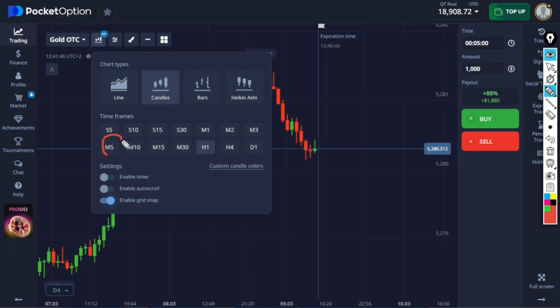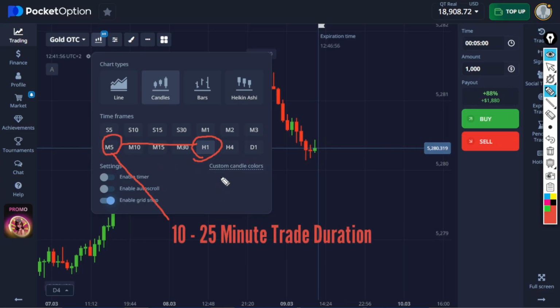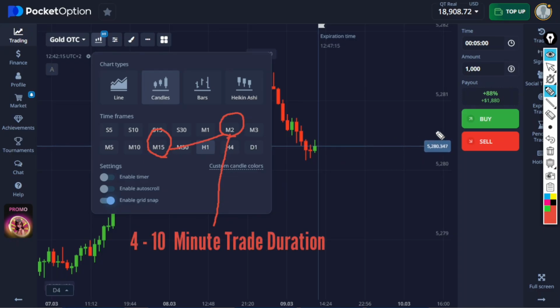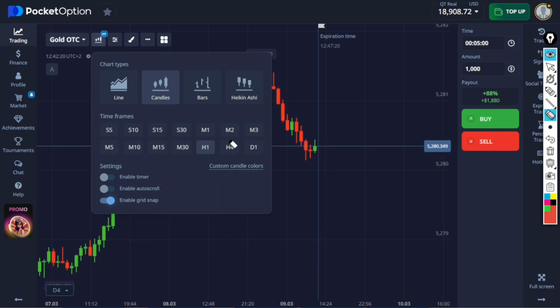If you are looking for entries on the 5-minute time frame, which means that you marked up your support and resistance on the hourly, you want to be looking for a 10 to 25-minute trade duration, anywhere between 10 to 25 minutes. If you're on the 2-minute time frame looking for entries, which means that you marked up your zones on the 15-minute time frame, you want to be looking for a 4 to 10-minute trade duration.